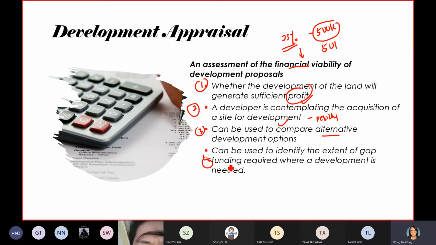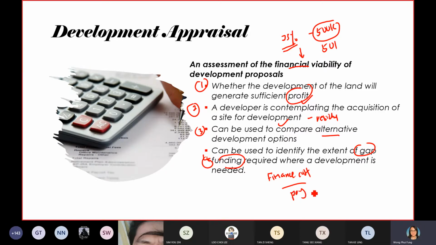Number 4, it can be used to identify the extent of gap funding required when a development is needed. When you prepare a development appraisal, one of the costs you need to calculate is finance cost. So you are going to calculate how much funding cost you are going to pay at the end.